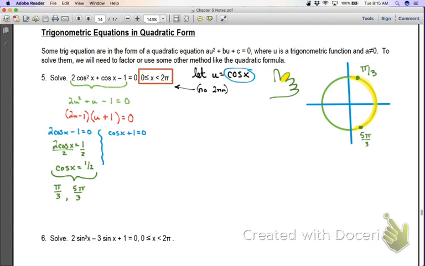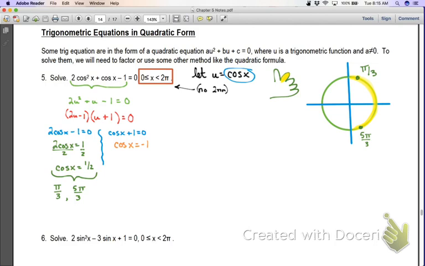Do the same thing, but just do it with the other problem. So I have cosine of x plus 1, so I have cosine of x equals -1. So that one pretty well stops short. And when is cosine, or when is my x value equal to -1?